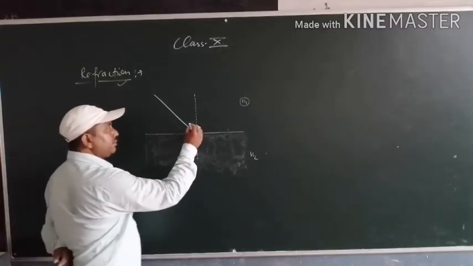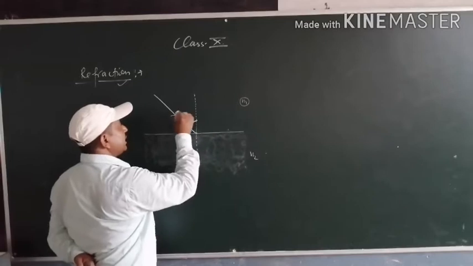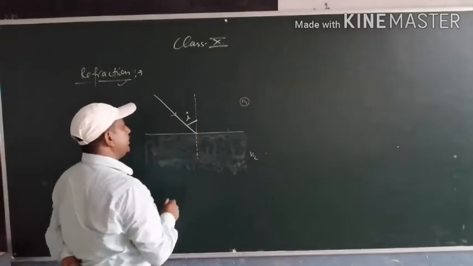The angle made between the normal and the incident light ray is I.